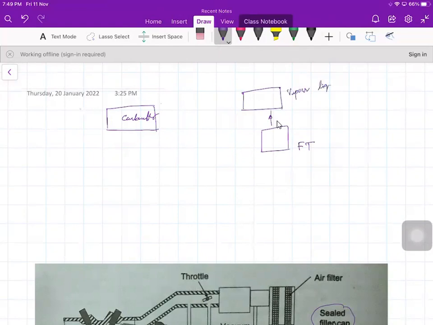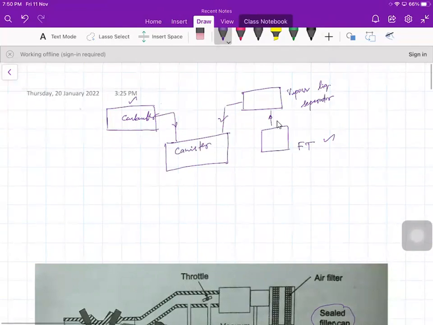The losses occurring in both the fuel tank and the carburetor are sent to a common device, which is known as the canister.